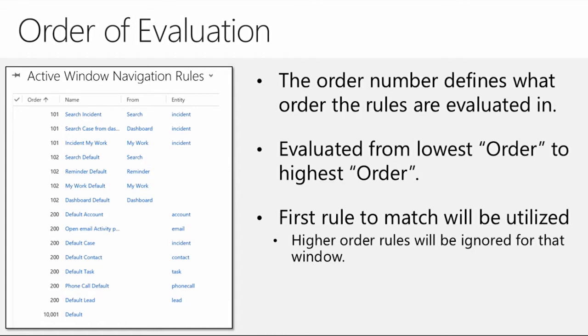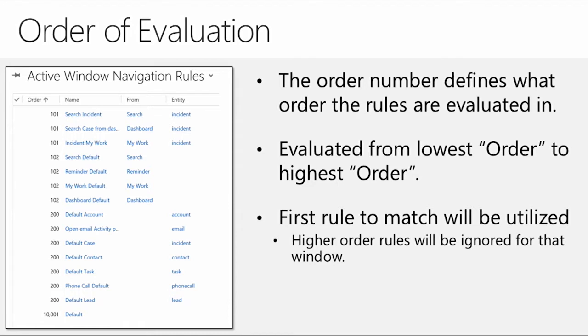So the first thing that you'll see here, like in this search incident, is it's initiated from the search control. So 101 is the first item number associated with the search control. 102 is the second item associated with the search control, and so on and so forth. What it's going to do is look at what you're trying to accomplish.